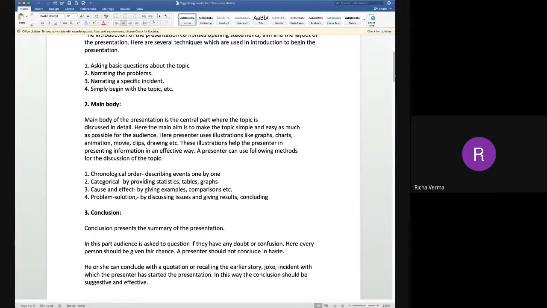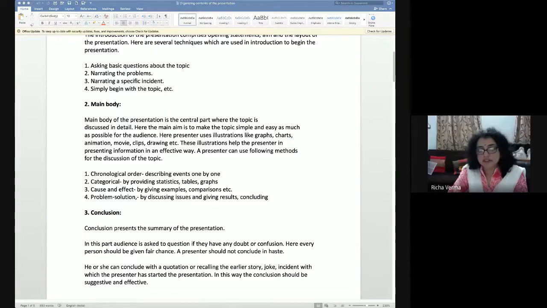So you must have been knowing what is chronological order. Chronological order means any event or any happening which has to be described one by one, layer by layer, or stepwise. Okay, so chronological order means that you are describing events one by one.